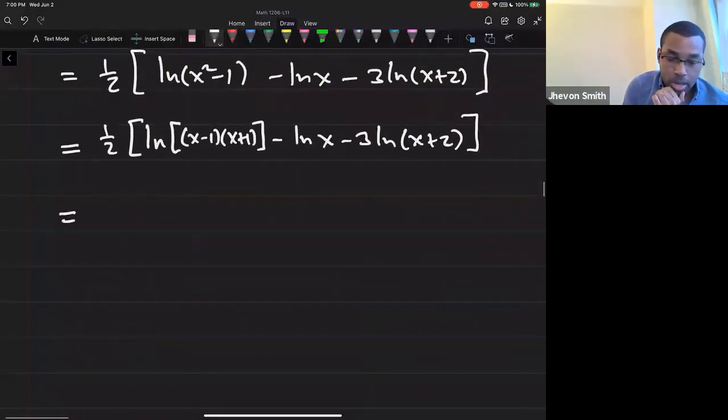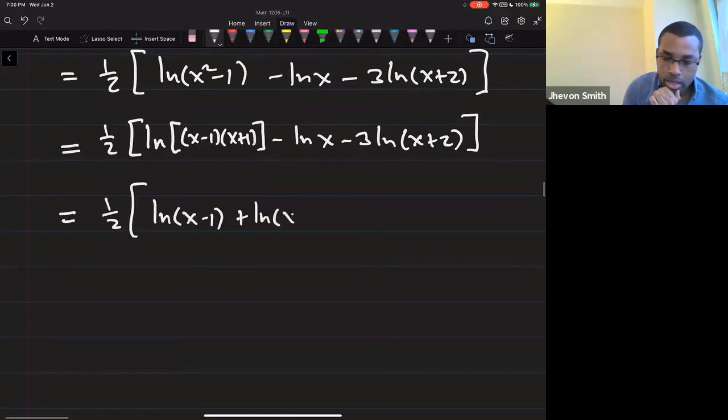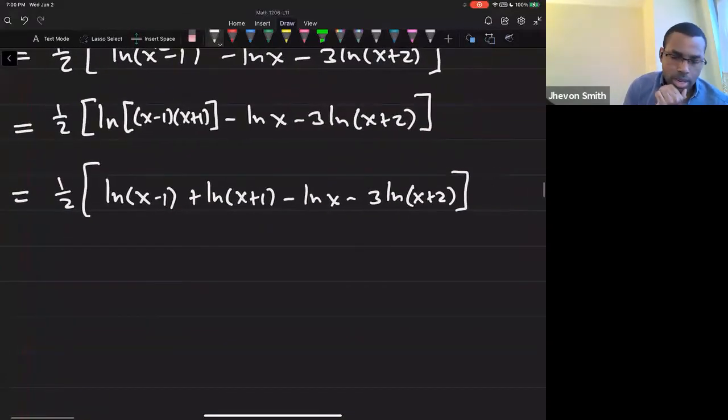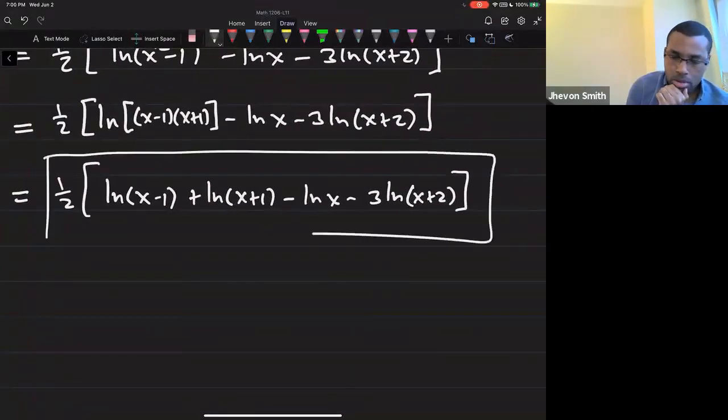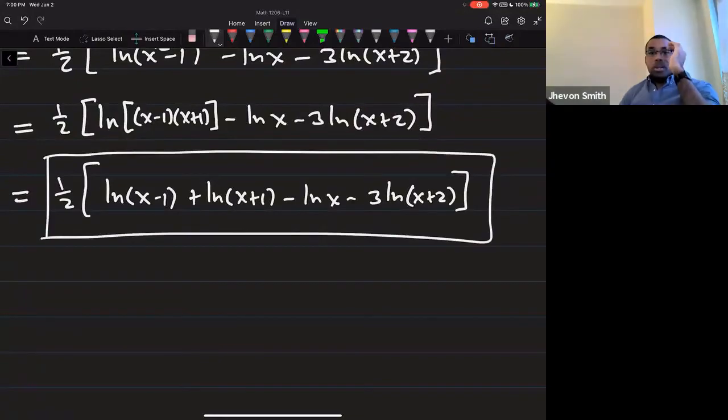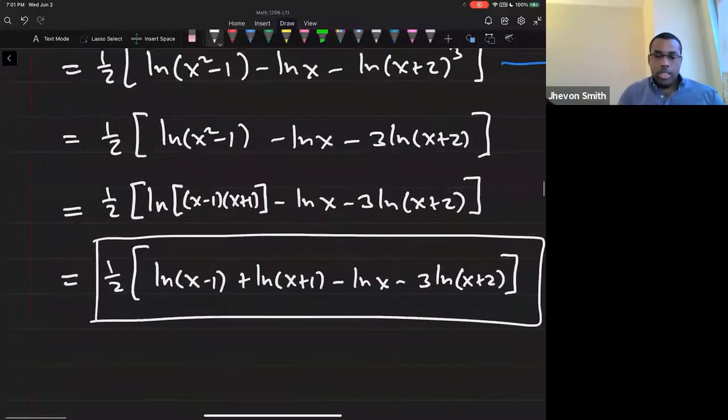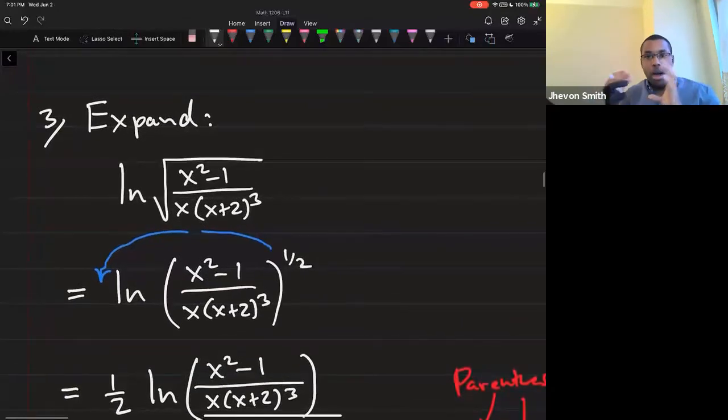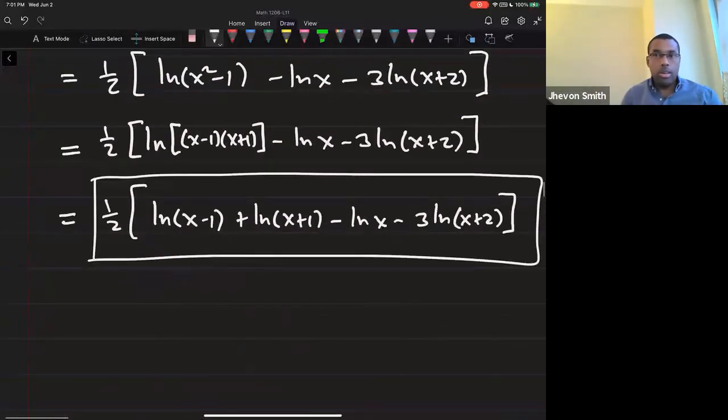And so that can be broken down further into ln of (x minus 1) plus ln of (x plus 1). And I think that's a good place to stop, actually. So we started here with a nice compact logarithm, and we ended up here, which is actually a nice thing to do.